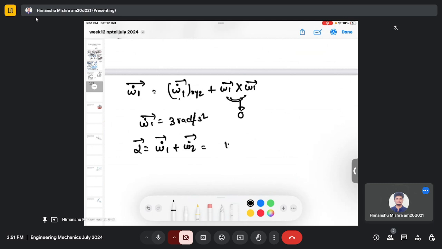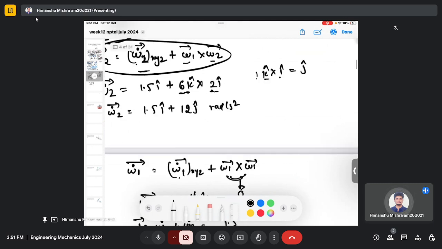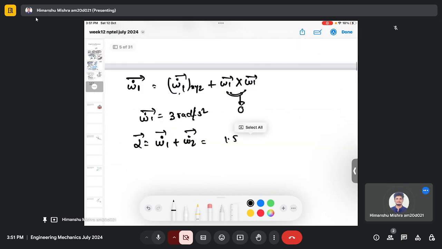So omega dot 2 is 1.5i plus 12j, and omega dot 1 is 3k. So 1.5i plus 12j plus 3k rad per second square. So this is my angular acceleration.